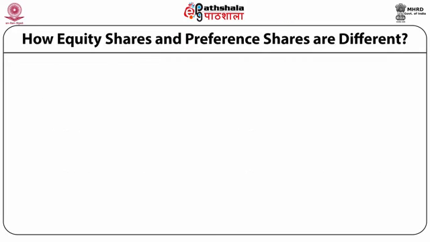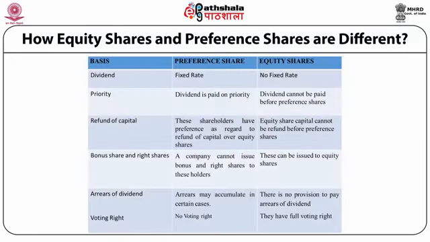How equity shares and preference shares are different. Basis of dividend. Preference shares have a fixed rate of dividend, whereas equity shares don't have any fixed rate of dividend. Priority. Dividend is paid on priority to preference shareholders.